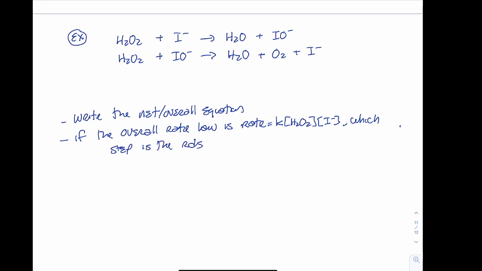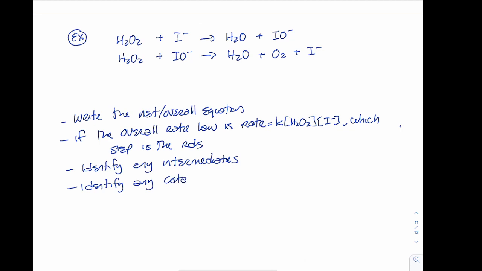So RDS for rate determining step. And then let's also identify any intermediates and identify any catalysts.